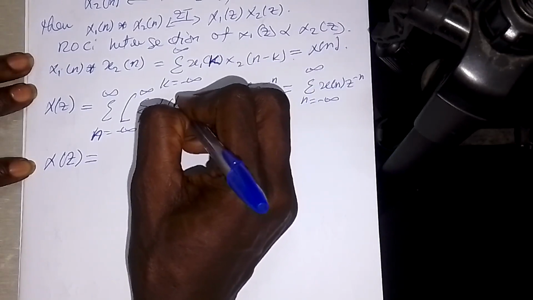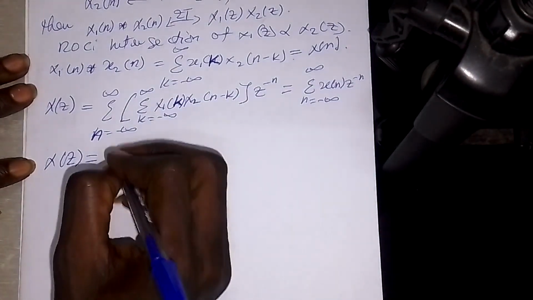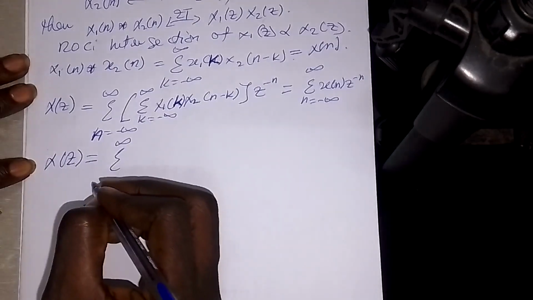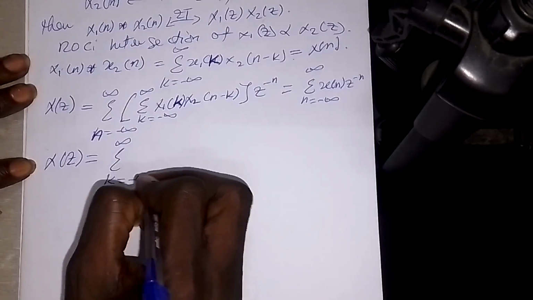Alright, if I don't do it that way, I'll make a mistake. Okay, x1 of k. Now I can bring my summation, k equals minus infinity up to infinity.